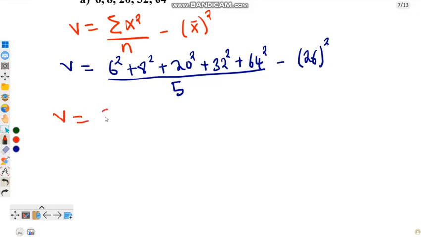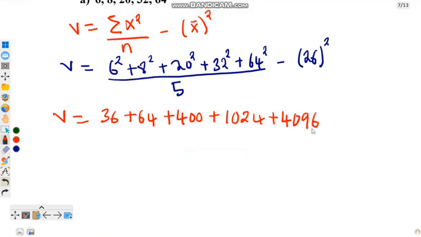Variance is equal to 36 plus 64 plus 20 squared, this is 400, plus 32 squared, that is 1024, plus 64 squared, which will give us 4096, divided by 5 minus 26 squared, which will give us 676.